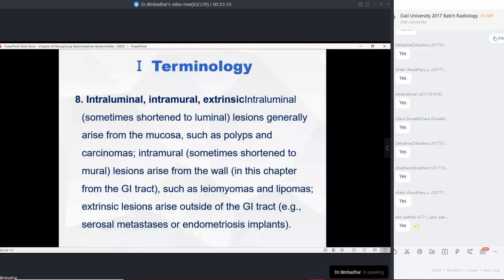And then we have extrinsic lesions, which are outside the GI tract, such as serosal metastasis and endometriosis implants. So three types of different lesions, okay? And each of them can show ulceration or filling defect, and can be taken in the spot films and also in the overhead films. So it is a complex mechanism here.